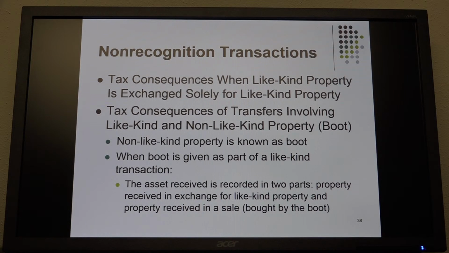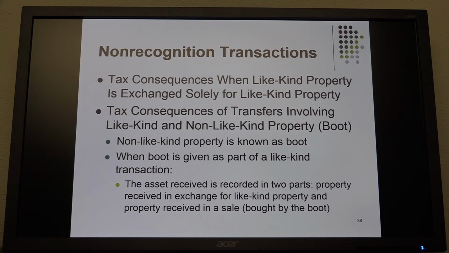And so what happens when it's not a like-kind for like-kind exchange? Let's say you have real property that has a value of $250,000, and you're exchanging it for other like-kind property, but its value is only $200,000.